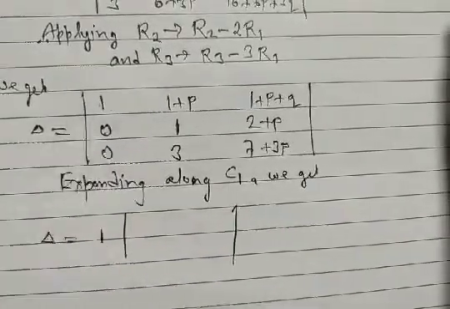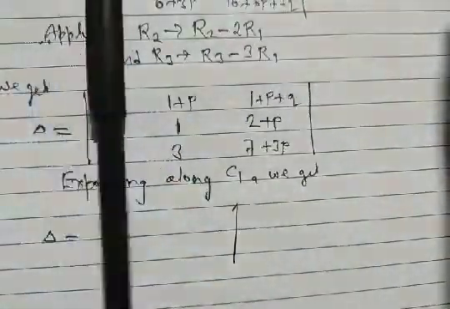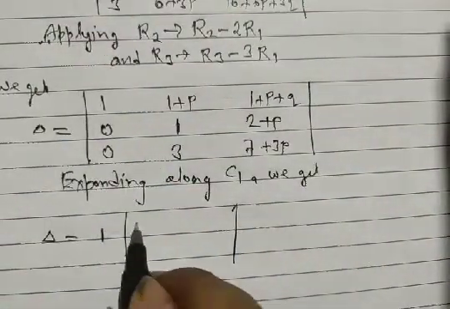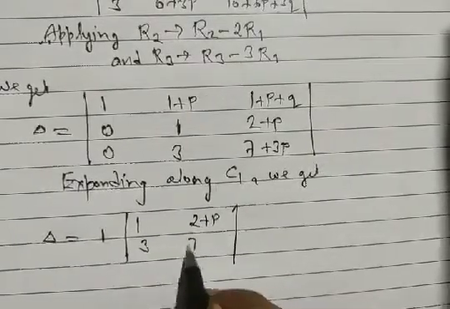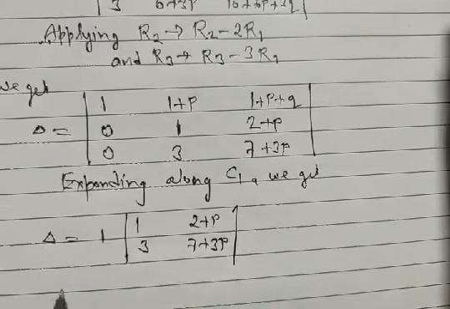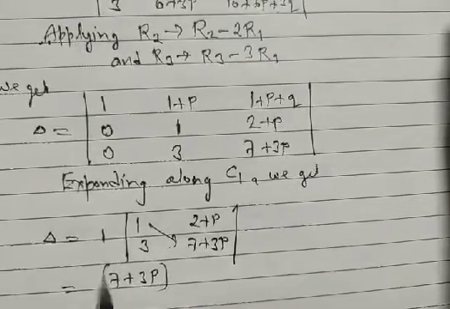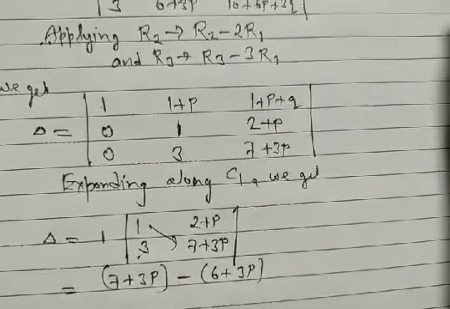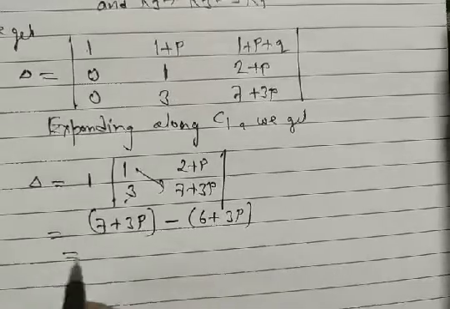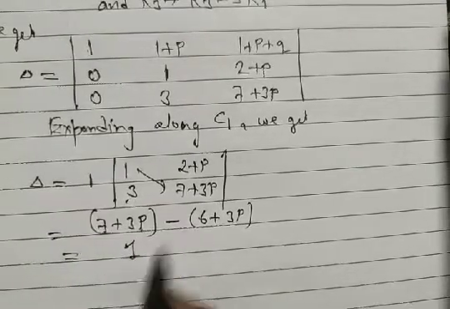When we take 1, we delete its respective row and column. Then we have 1, 1, p; 3, 7 plus 3p. Solving it, we have 7 plus 3p minus 3 into 6 plus 3p. Then 7 minus 6 is 1, and 3p cancels out.